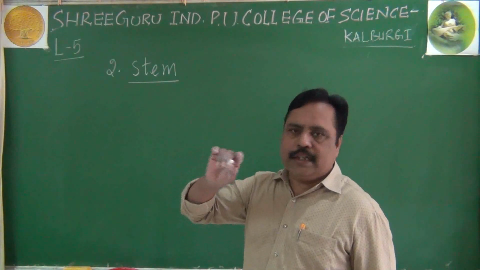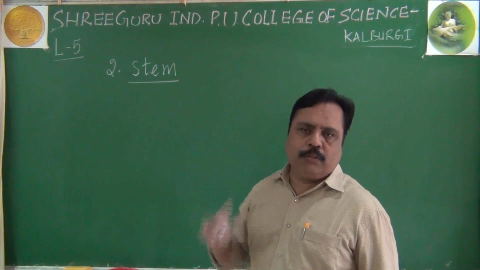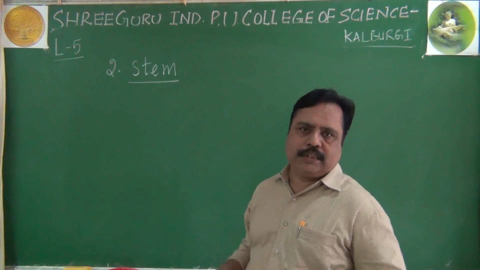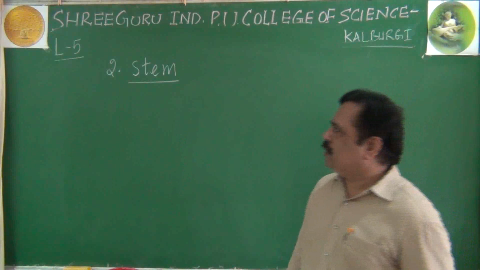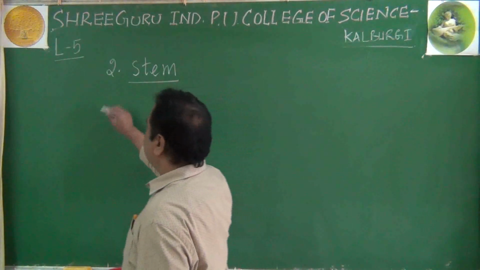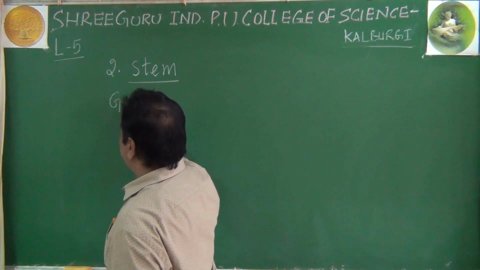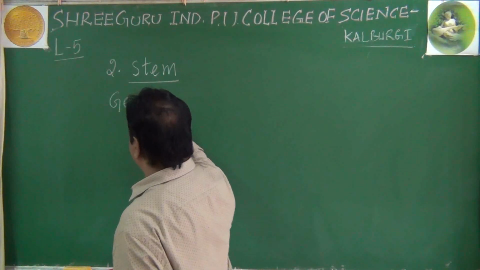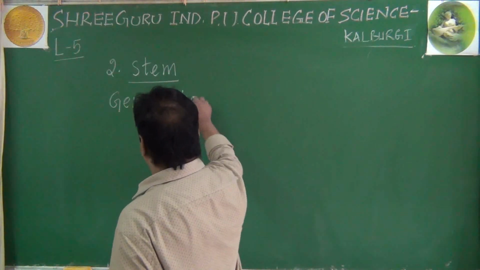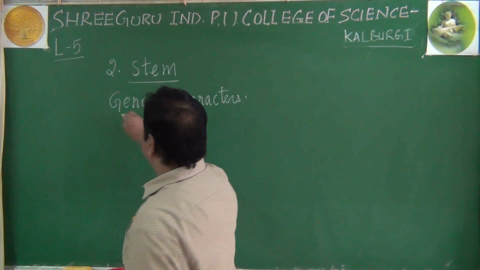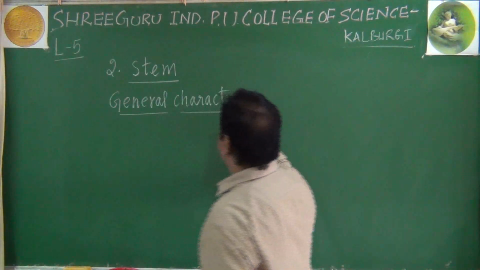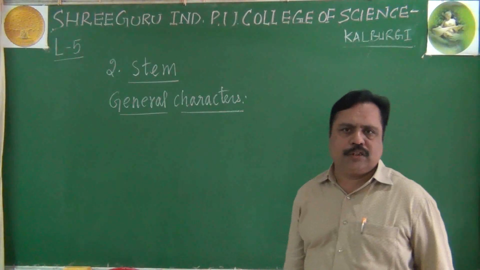Many of you will write S-T-E-A-M. That should be in physics. Okay. Here, the stem we have to remember. I will describe the general characters of the stem here. Just like general characters of the root, we shall discuss general characters of the stem also.